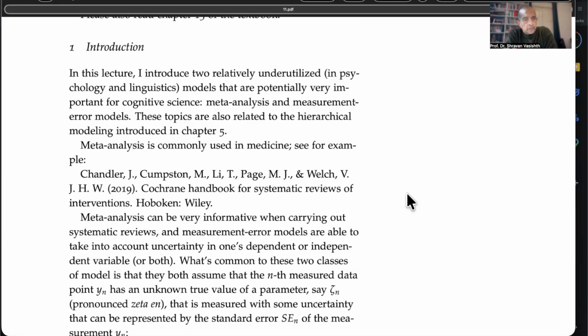Meta-analysis has a very long history in data analysis and in statistics, and it continues to play a very important role in medicine, because multiple laboratories will carry out the same type of studies in different centers, in different countries, with different subpopulations.